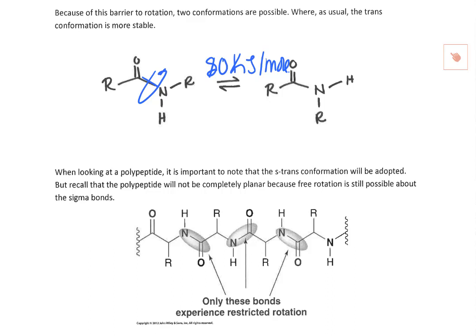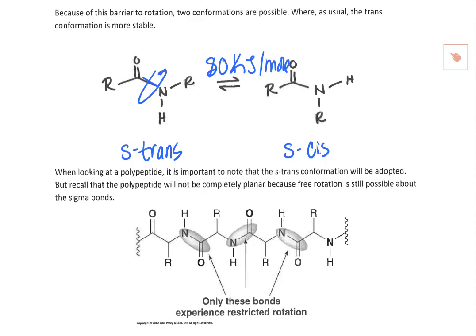And the S-trans configuration, which would be this, is going to be the more stable one. So that's where it's going to spend the majority of its time, whereas the S-cis is a little less stable and it's not going to spend the majority of its time there.